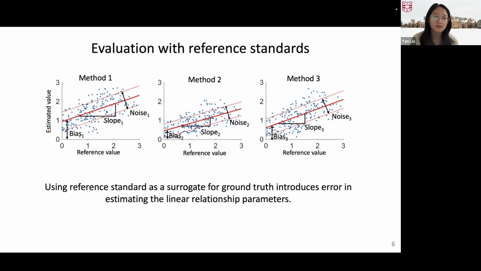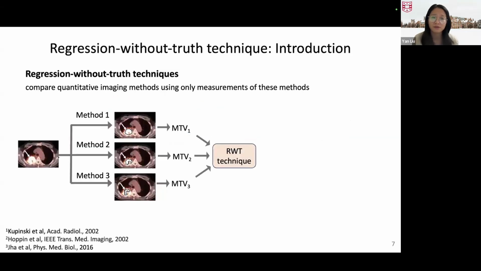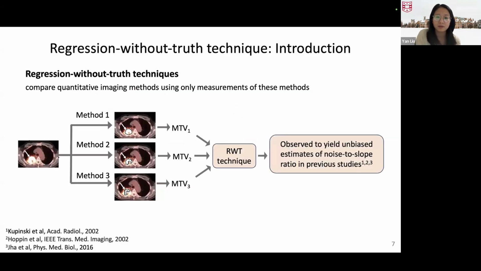In the context where the ground truth is not available, there is another set of regression-without-truth techniques that have been proposed. These techniques compare the quantitative imaging methods using only the measurements of these methods. In a previous study, they were observed to yield unbiased estimates of the noise-to-slope ratio. Let us see how this technique works.